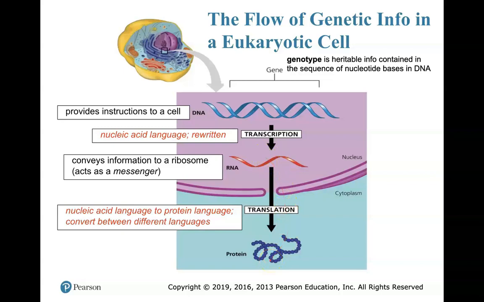Completely different language. Think of a translator going from English to Spanish. You're translating different languages. And that's what's occurring here very much in our cells, going from nucleic acid, specifically messenger RNA, to protein language. That is called translation. It occurs in the cytoplasm.